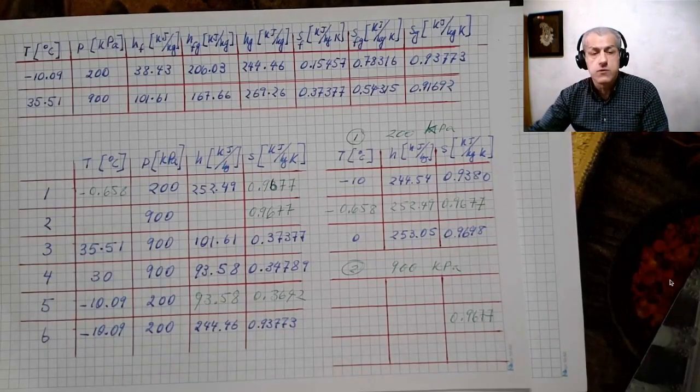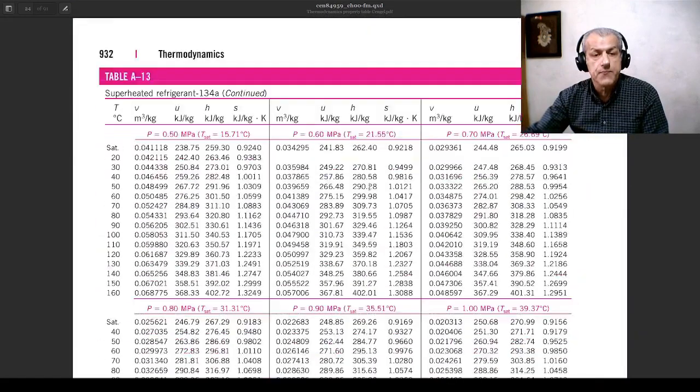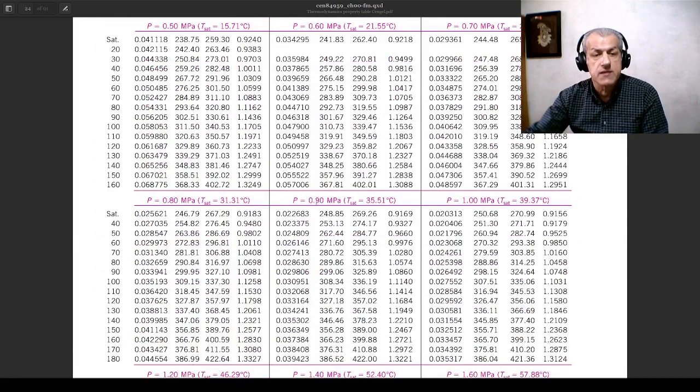And if we move to the table, for 900 kilopascals, which is 0.9 megapascal, our entropy is 0.9677, which is somewhere between these lines. 0.9677 is just above 50 degrees C and far below 60 degrees C. So we expect our temperature to be very close to 50 degrees C for all good approximation.